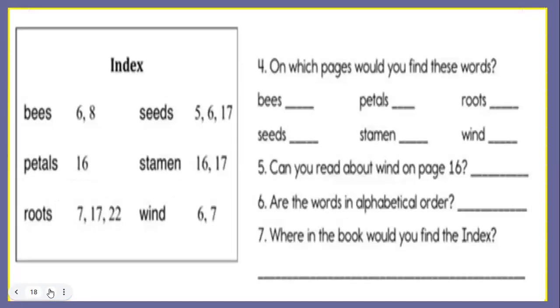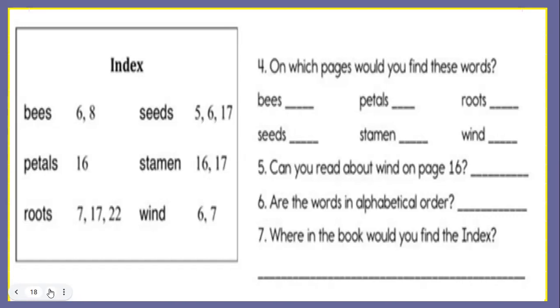All right, number four, on which pages would you find these words? So bees, you look at your index and you will see the pages where you can find bees. Seeds, petals, stamen, roots, wind. So consult with your index on the left to find out the pages on which these topics can be found.